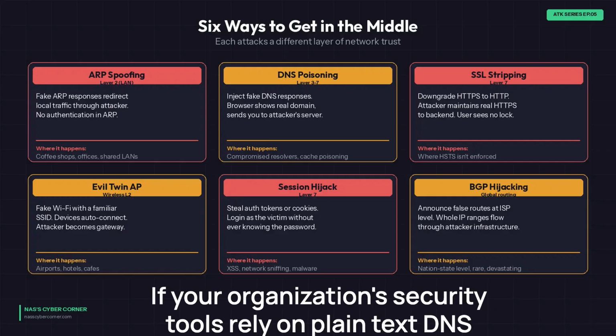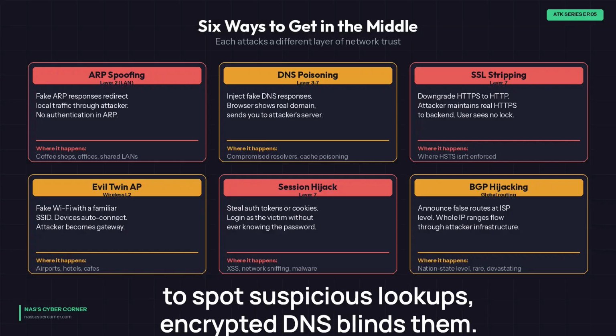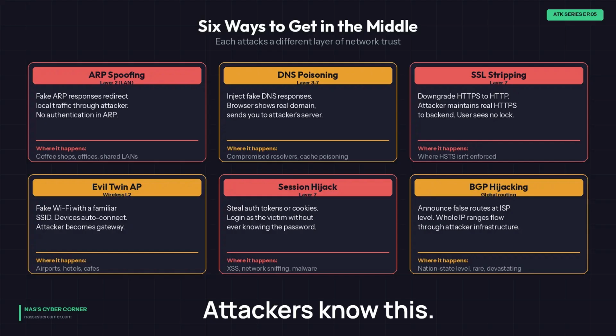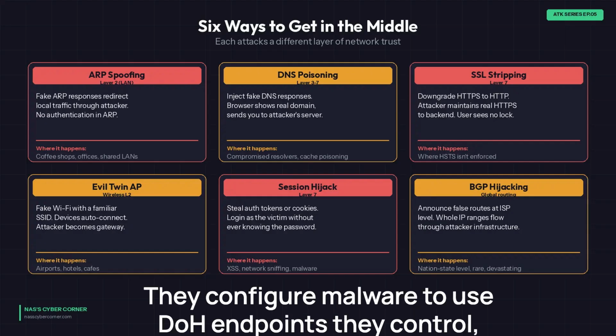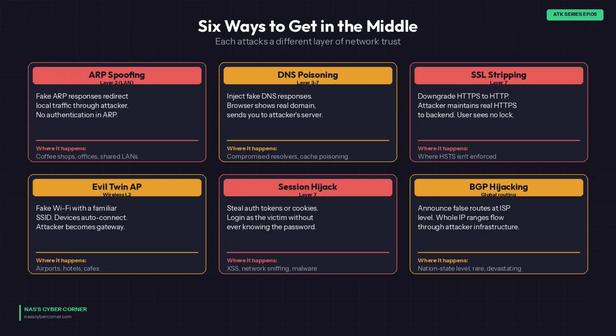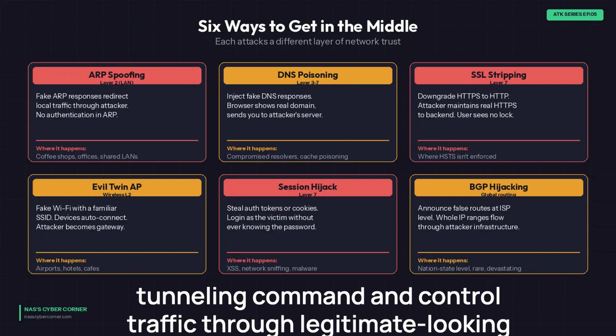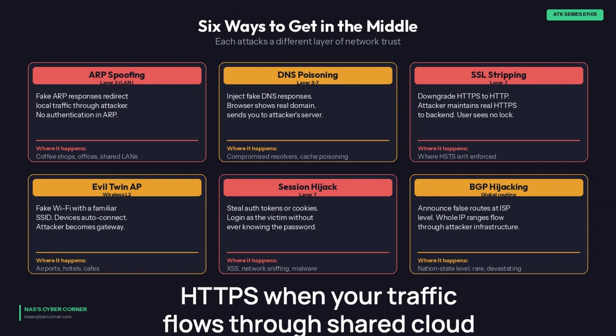If your organization's security tools rely on plain text DNS to spot suspicious lookups, encrypted DNS blinds them. Attackers know this. They configure malware to use DoH endpoints they control, tunneling command and control traffic through legitimate-looking HTTPS.